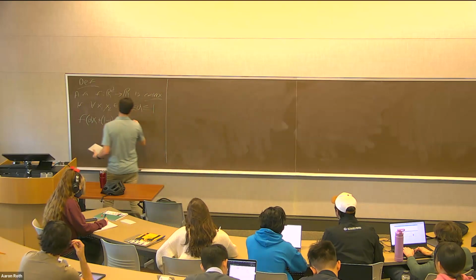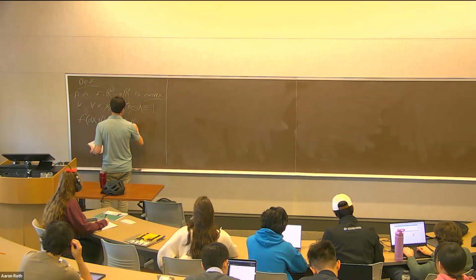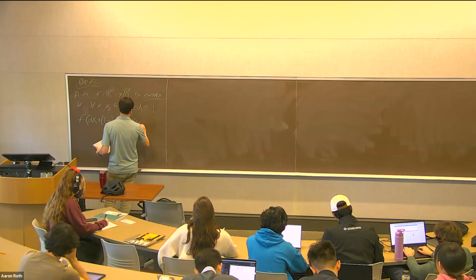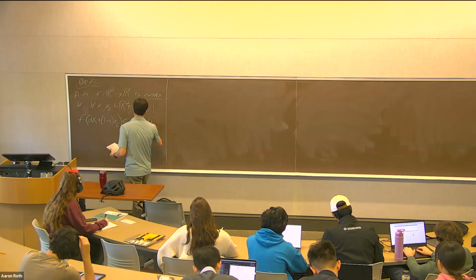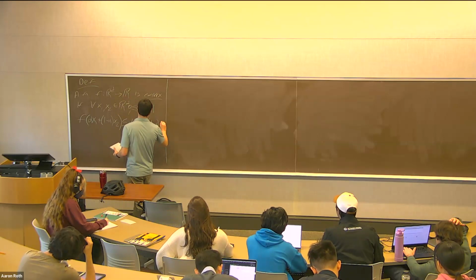So it should only be smaller than alpha times f of x1 plus 1 minus alpha times f of x2.